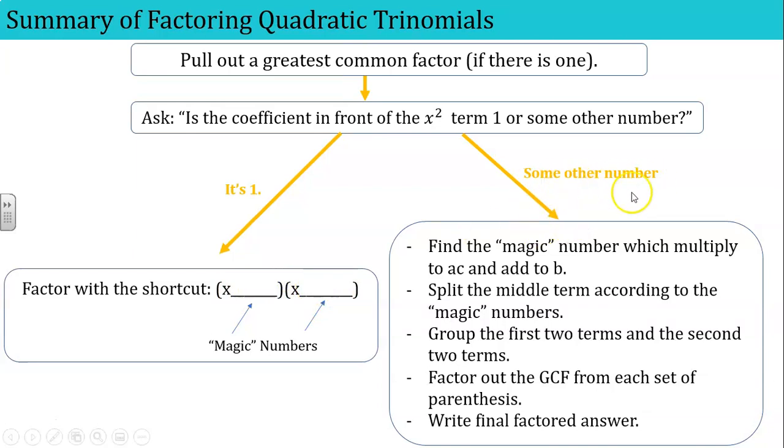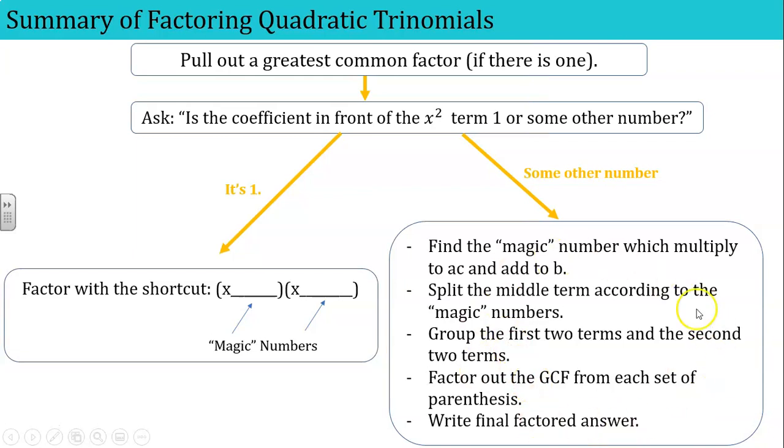If it's some other number besides 1, and this is the process that I just went over, so hopefully it's familiar, you have to find the magic numbers, which multiply to a times c and add to b. If this new phrasing is confusing, just go back and rewatch the video where I originally explained this. And then you split the middle term, and then you group the first two terms and the second two terms, and you factor out the greatest common factor.